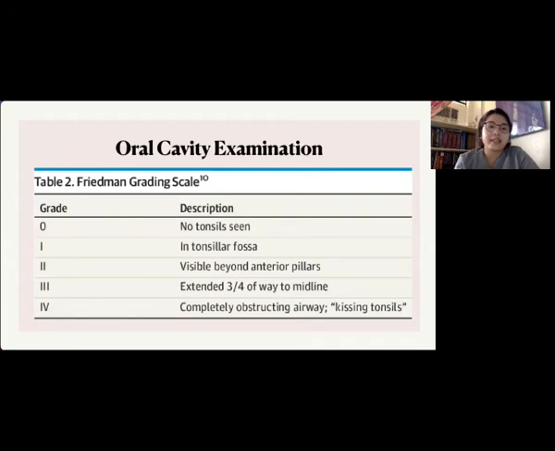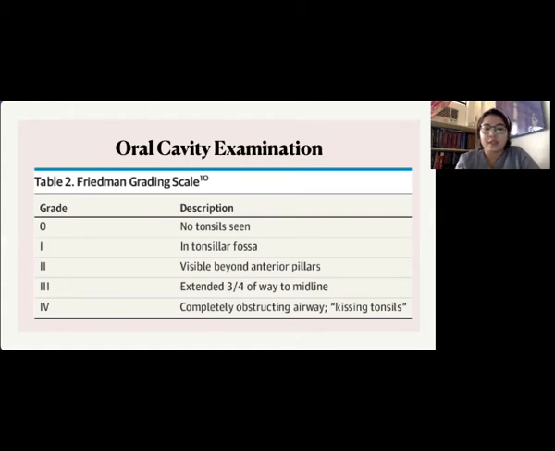So in the oral cavity, you have to identify, as you've seen earlier, that the tonsils were enlarged. There are actually 2 grading scales for tonsils: the Friedman and the Brodsky grading scale. For the Friedman, you can read about this one: grade 0, no tonsils; grade 1, tonsils are in the tonsillar fossa. If it is beyond the anterior pillars, it's already grade 2.